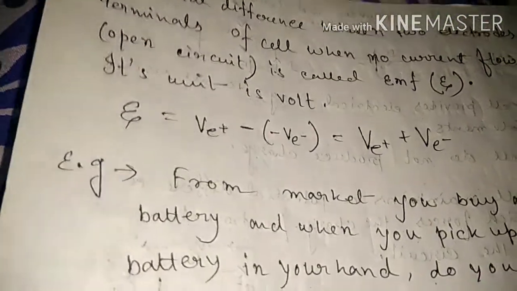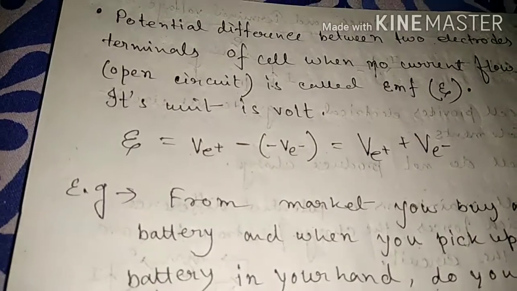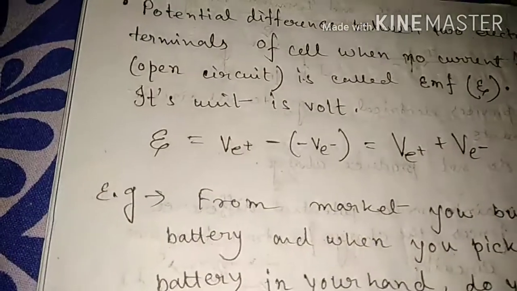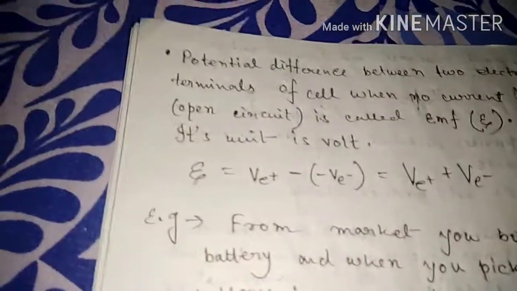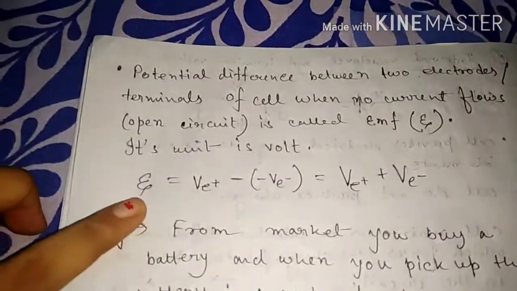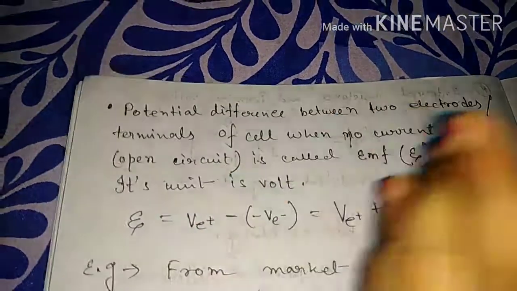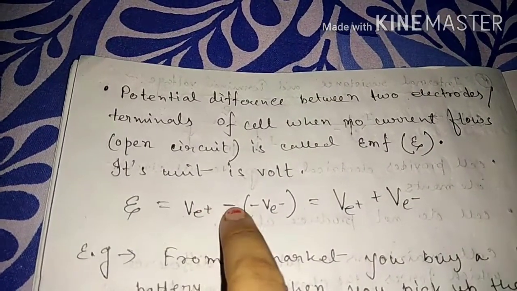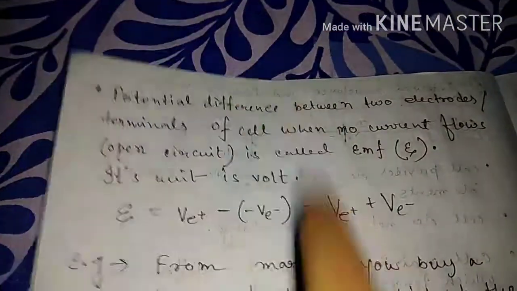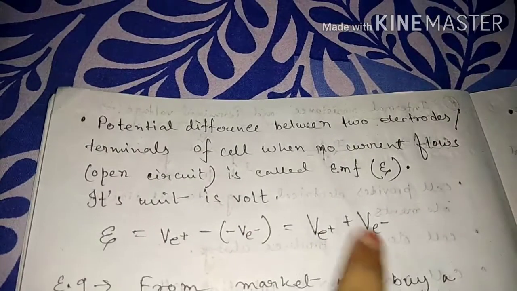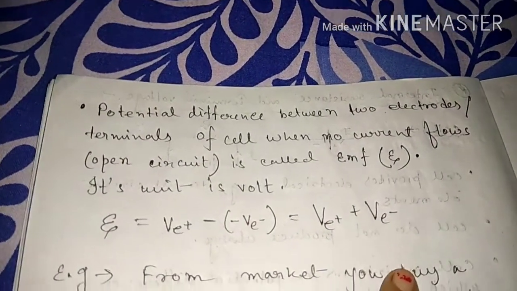This is called EMF. We also say this is called EMF because E equals V, we already proved E equals V. So its unit is volt. We can say that E equals the potential of the positive electrode, V plus, and the negative electrode side, V minus. Already it is minus of minus, so it is V plus V minus.